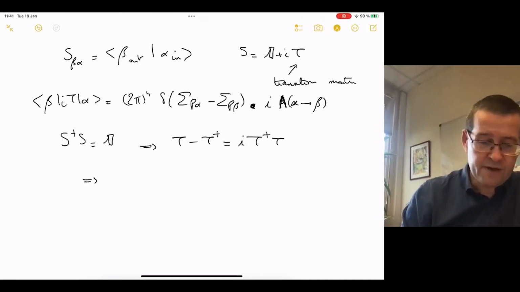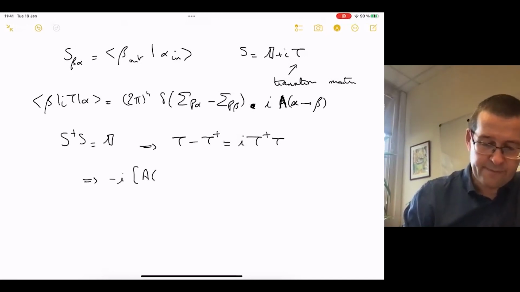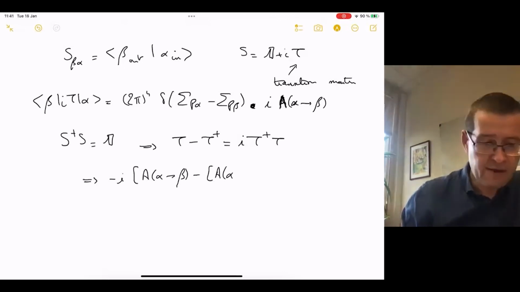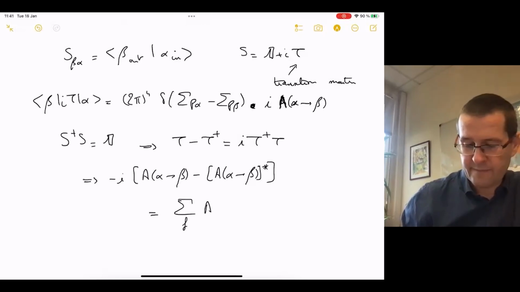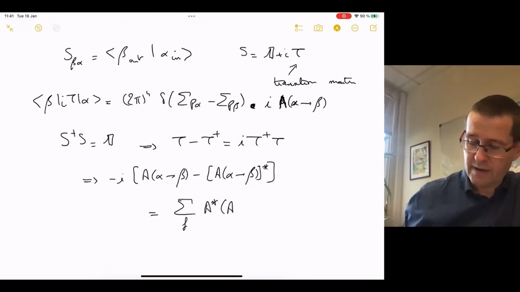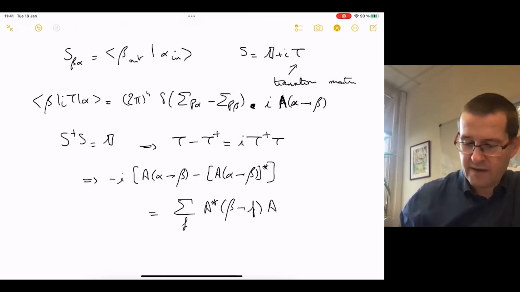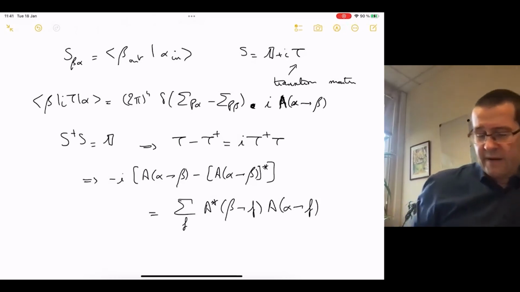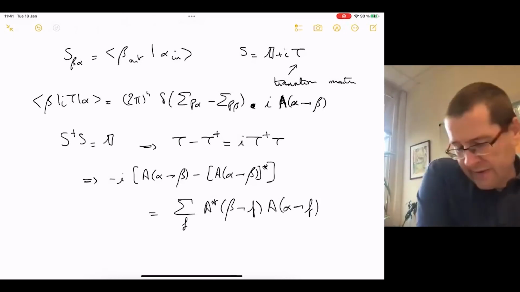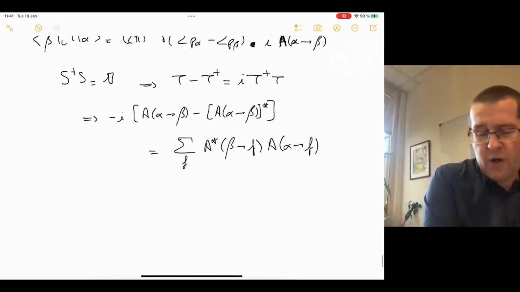And actually, when you write that down for your decay amplitudes, you do see that you have a relation between discontinuities or imaginary parts of your amplitudes.